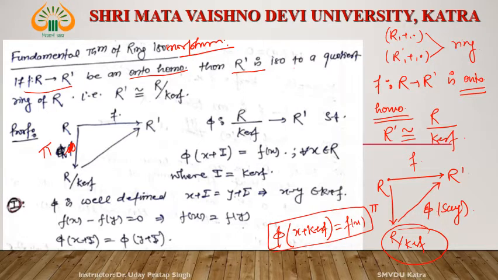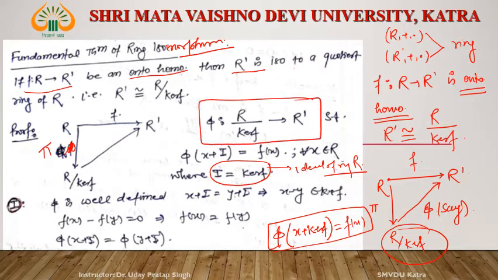Now, to shorten our notation, we will assume kernel of f is I. This is an ideal of the ring R. So we will define phi from R by kernel of f to R prime, and we will prove that this phi is one-one, onto, and a homomorphism.